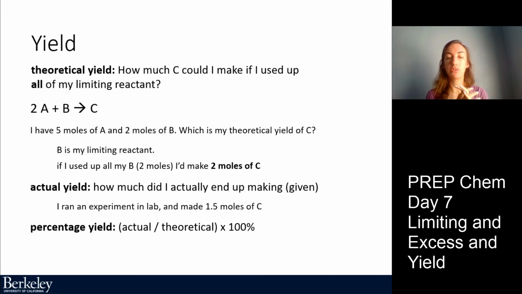My yield would be 2 moles. So then I would have 2/2, which is 1, times 100. I would have 100% yield, which is practically impossible. So that's the best we could do. In this case, my actual is 1.5, my theoretical is 2, I multiply that by 100 and I get a 75% yield.